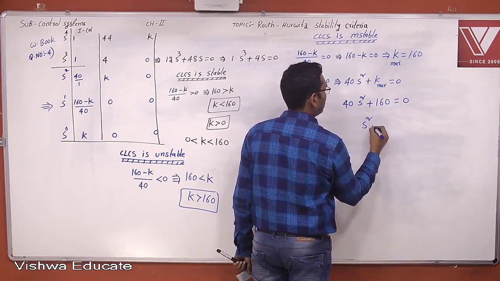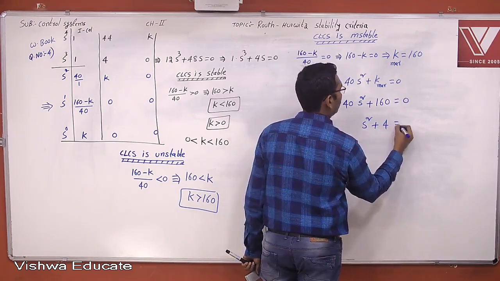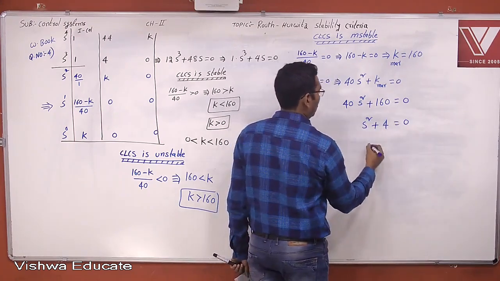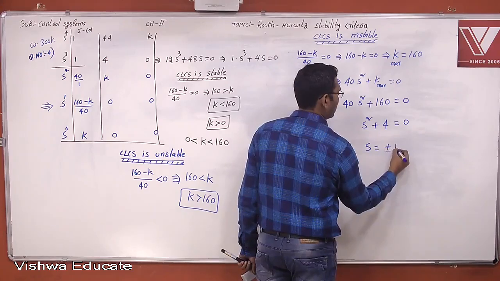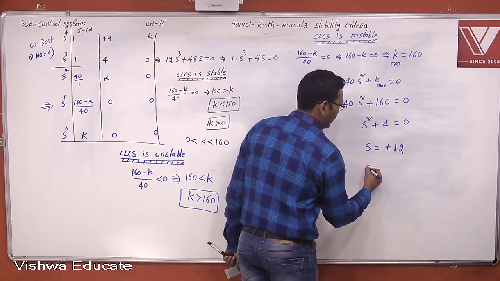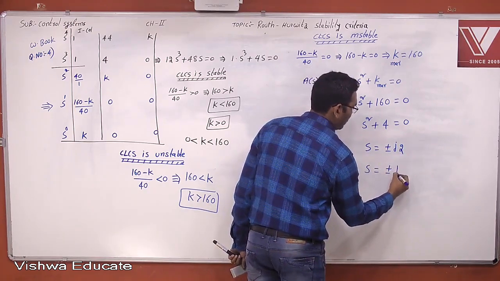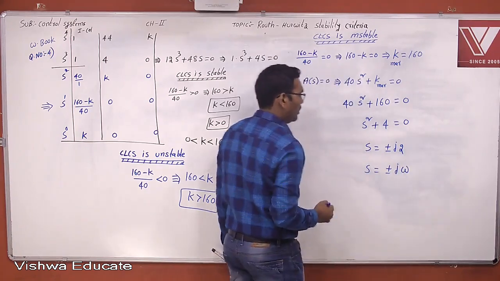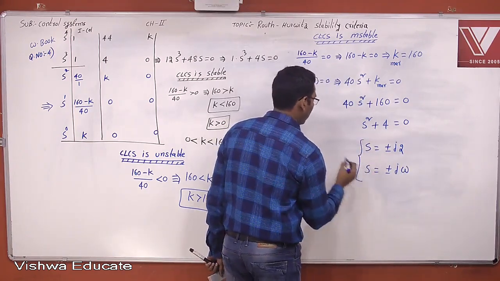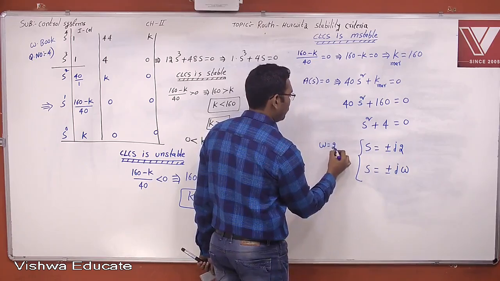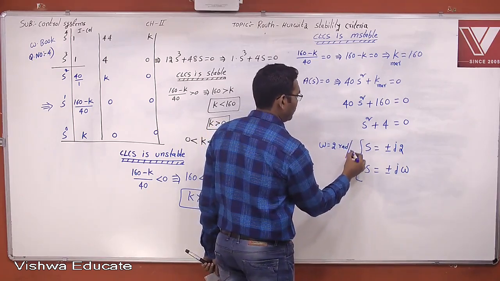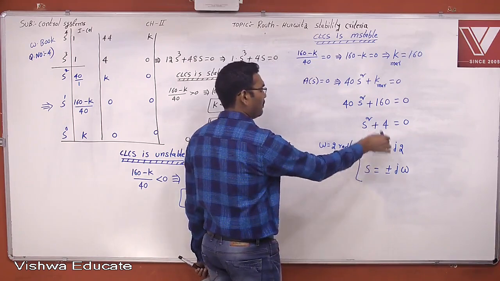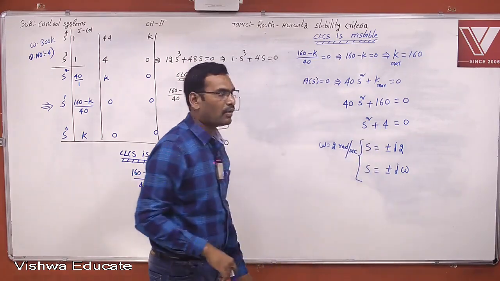Therefore, s square plus 4 equal to 0. s equals plus or minus j2, and s equals plus or minus j omega. And therefore, the frequency of oscillations omega is equal to 2 radians per second if the system is marginally stable. Okay, note down this.